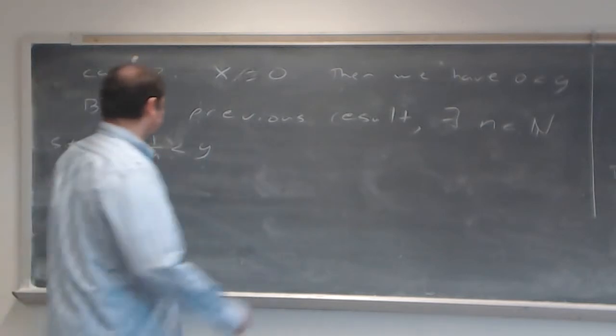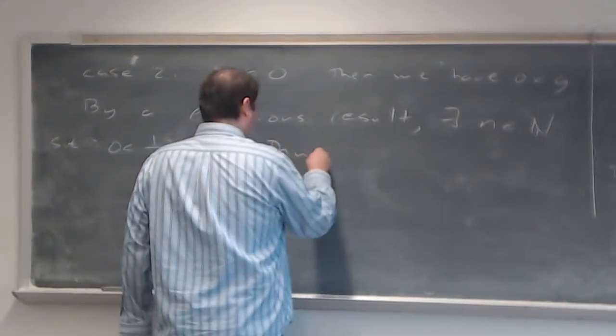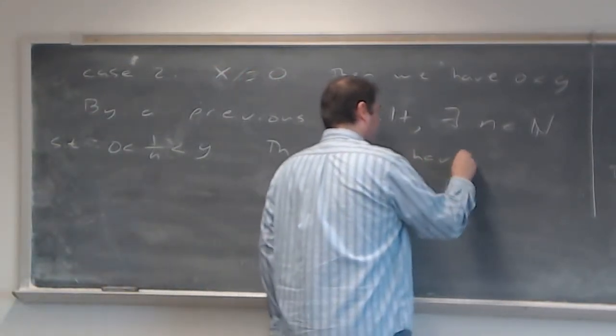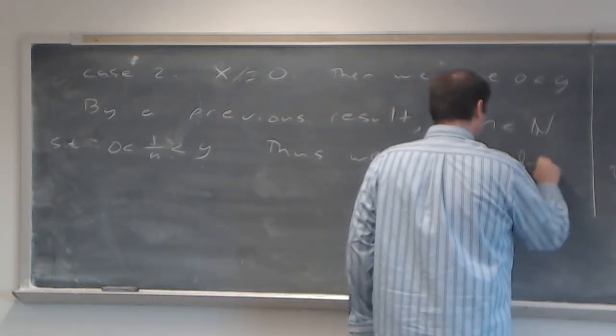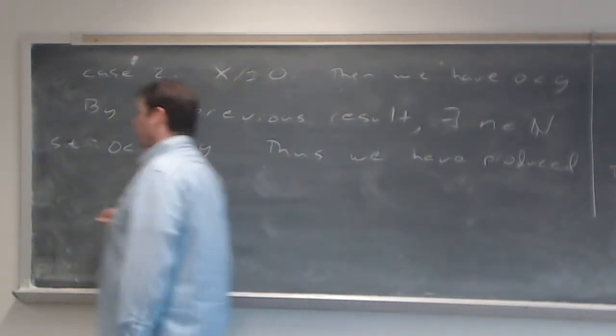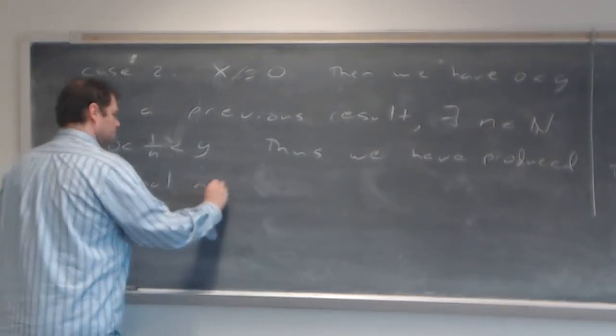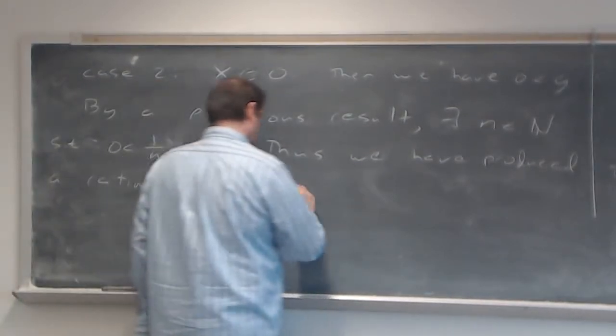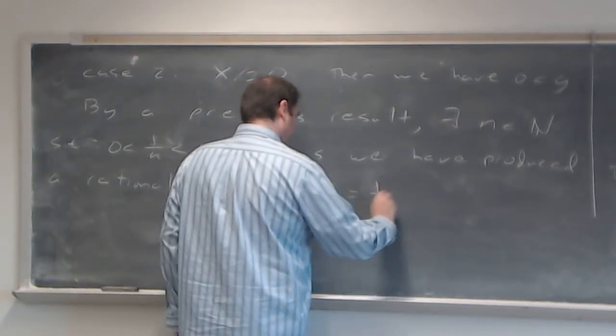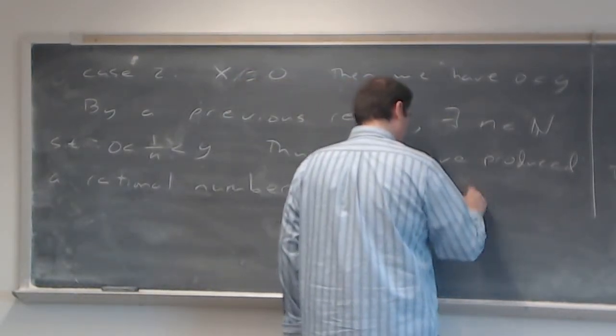So integer over integer is a rational number. Thus, we have produced a rational number r equal to 1 over n that is between x and y.